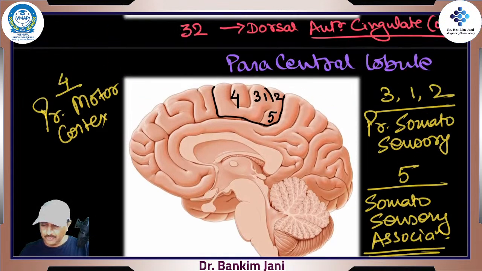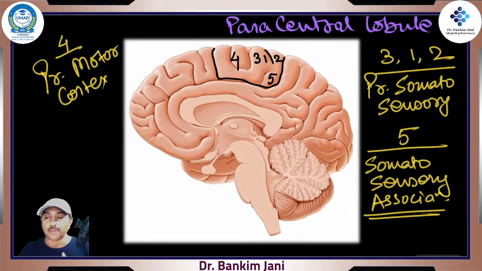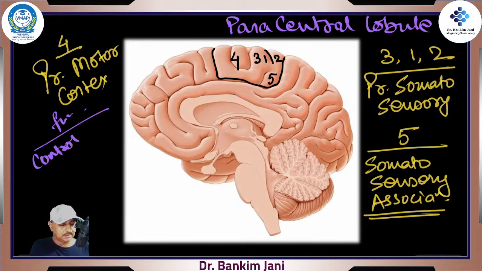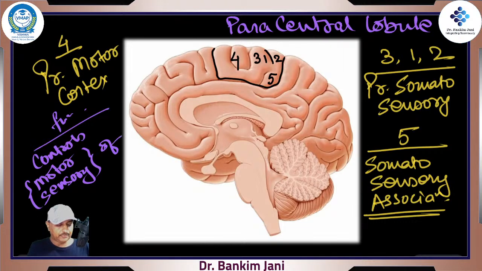So the paracentral lobule, what will its function be? This is a very important area because it is on the medial aspect. On the medial aspect, it controls motor and sensory function of the opposite lower limb, because it has area 4 and areas 3, 1, 2, so it controls both of them for the opposite side lower limb.